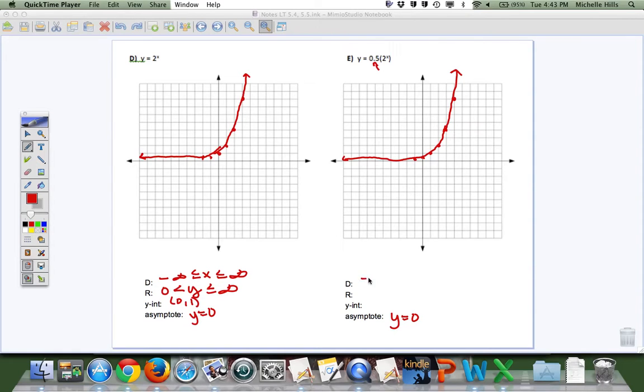My domain's going to continue in these cases to be from negative infinity to positive infinity. My range never actually hits 0. So 0 is less than y, which is less than or equal to positive infinity. My y-intercept is only half as much for the y value as it was before. So x is 0, y is 0.5.